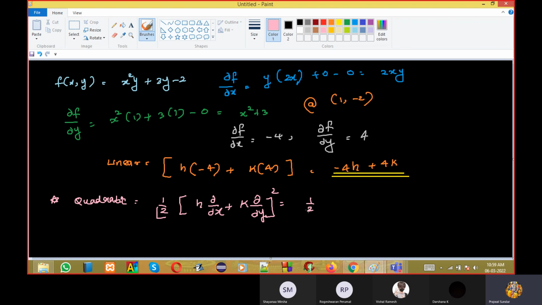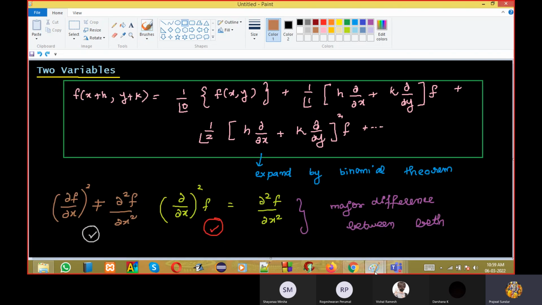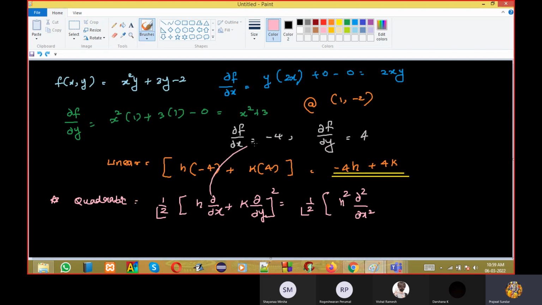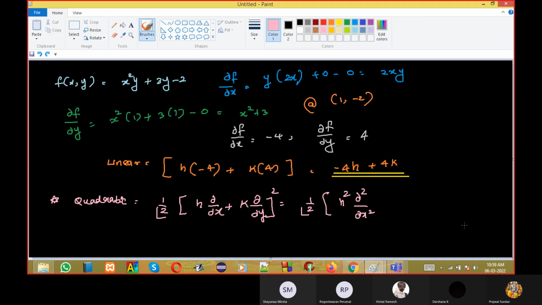Apply that. I'm squaring this now, so I can write it like this. That's the difference I told you initially itself. Don't forget that.